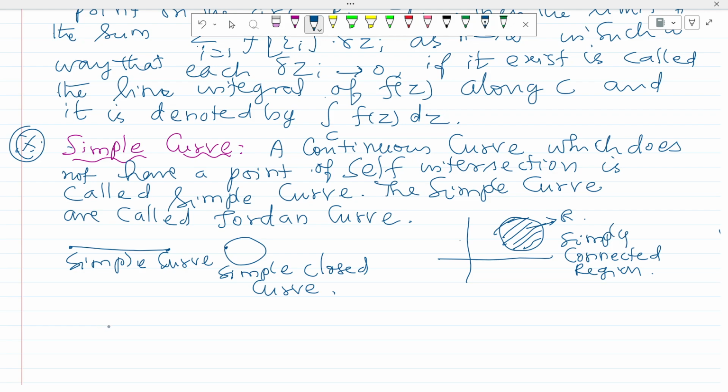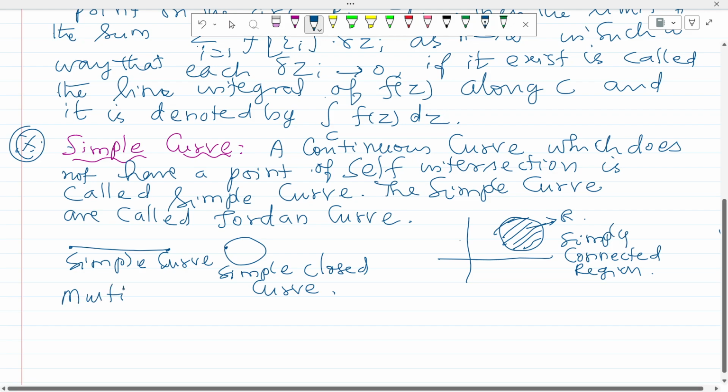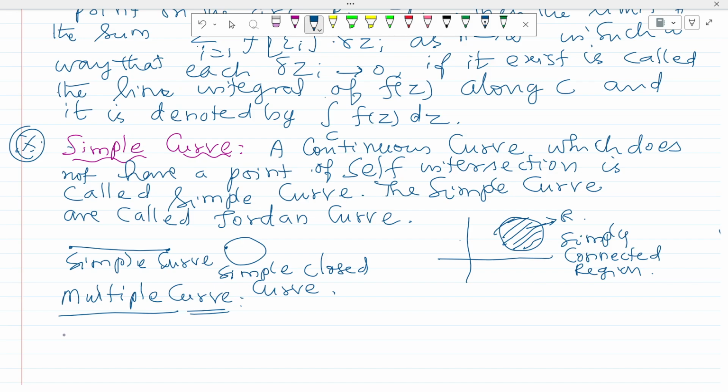Okay. Then multiple curve. Multiple curve is known as multiple curve or multiply connected region. See, multiple curve means the curve which has intersection.